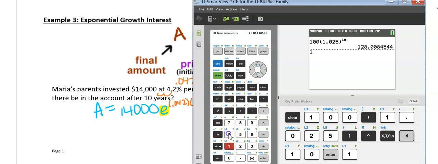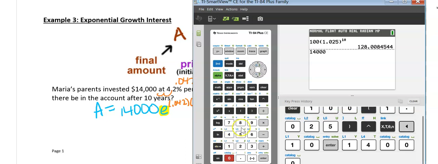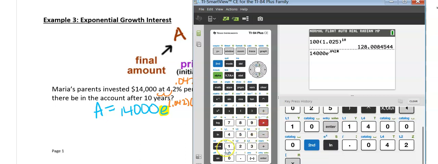So we're going to enter our $14,000. For our E, it's going to be the second LN button right here. It has a little E to the X up there, so it's going to type it in for you. And then you're going to put 0.042 times 10. You hit enter.